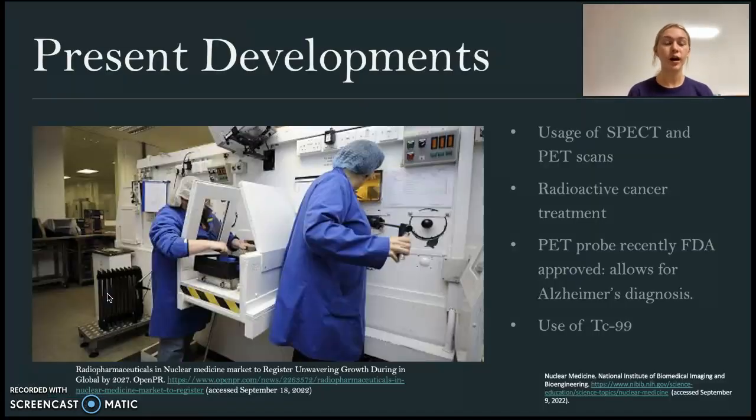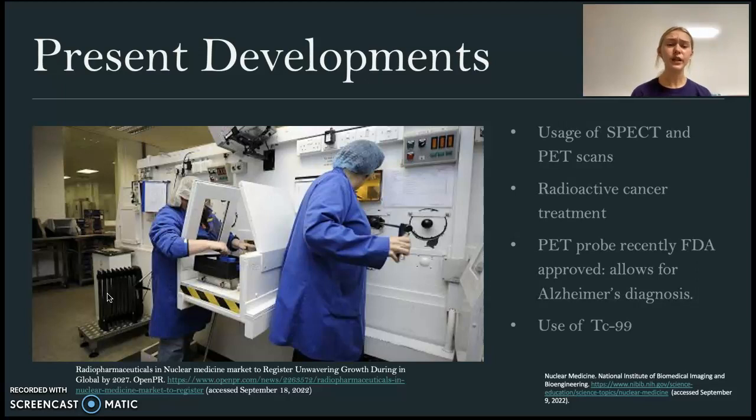Present developments, obviously just the usage of SPECT and PET scans as they become more common and more developed. Radioactive cancer treatment has seen significant growth in our present time as more people and more treatment is becoming available.